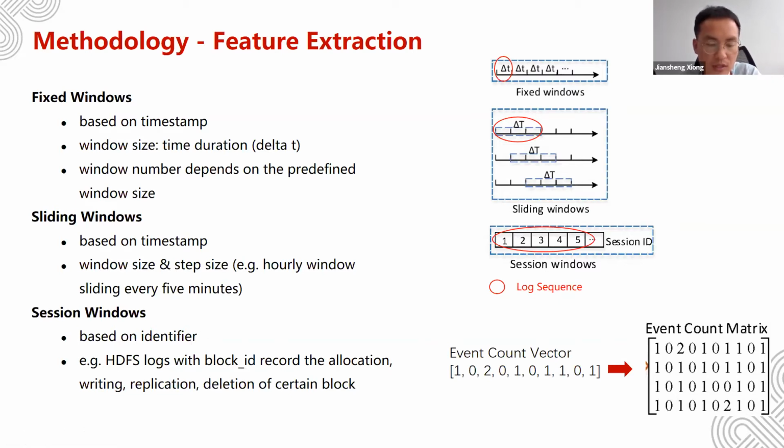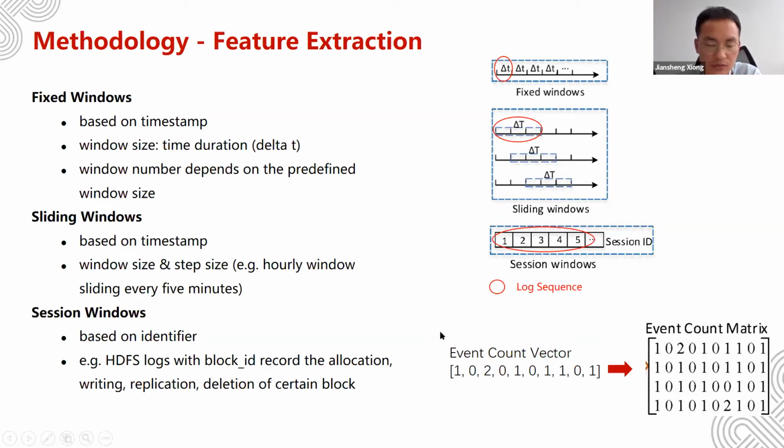After constructing the log sequence with window techniques, an event count matrix is generated. In each log sequence, we count the occurrence number of each log event to form the event count vector.